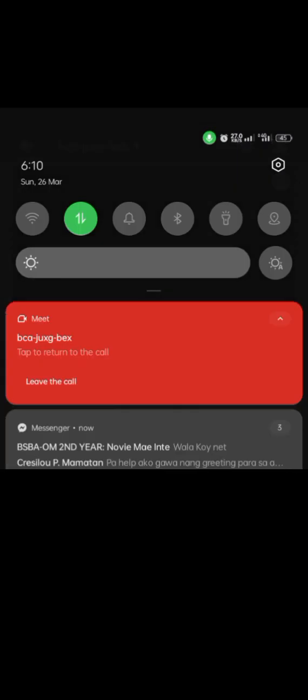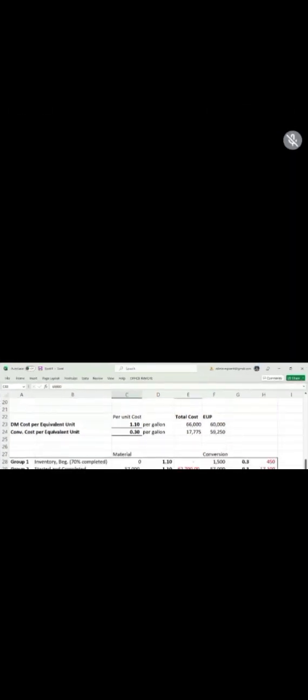Remember the total units accounted for is the whole units processed during July sa mixing department. This 60,000 is the EUP only for materials. How much is the total units accounted for? Pila man tanan-tanan laman? 3,000 ma'am. 3,000.